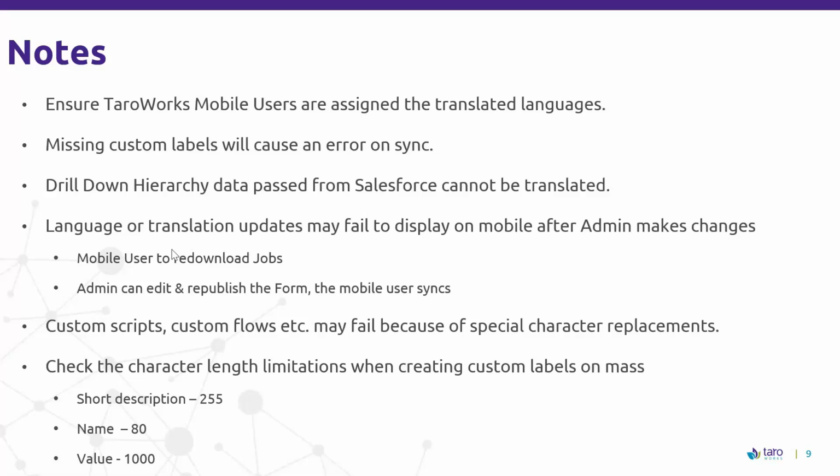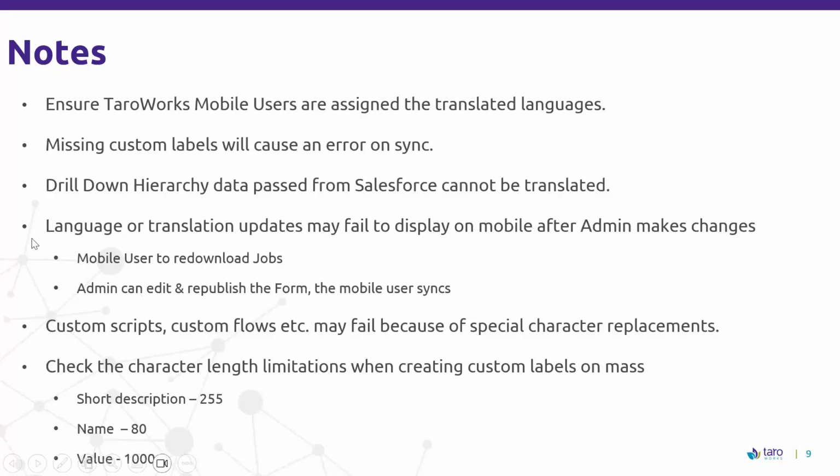However, in some situations, some translations may not be affected as expected. So to resolve this, you can either ask the mobile users to re-download the jobs, or the TaroWorks admin can edit the form, just click the edit button, without making any changes to the form, and then republish the form and ask the users to sync.